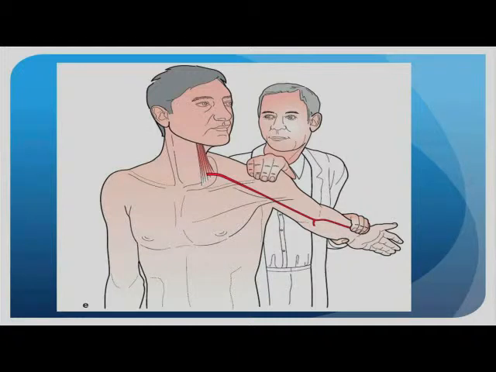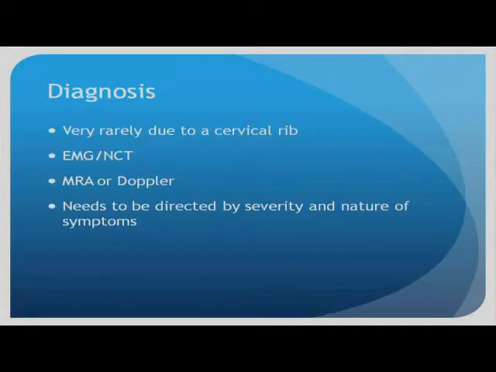If the pulse diminishes, then great, you have a positive test. If it doesn't, that doesn't mean the patient doesn't have thoracic outlet syndrome. You might reproduce their neurogenic pain, and it might be that hyperabduction syndrome from the pectoralis minor. So again, you have to put all of the data together to try to come up with a cohesive idea of what is actually going on with this patient.